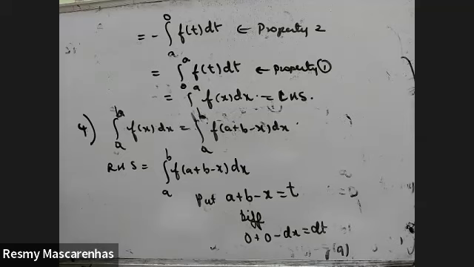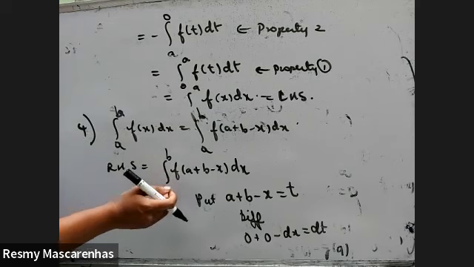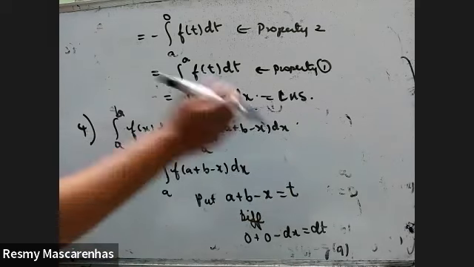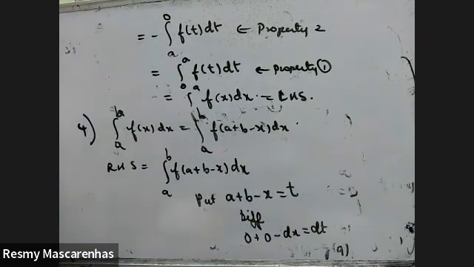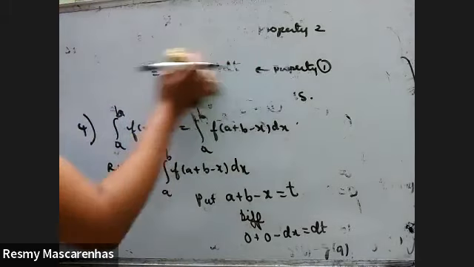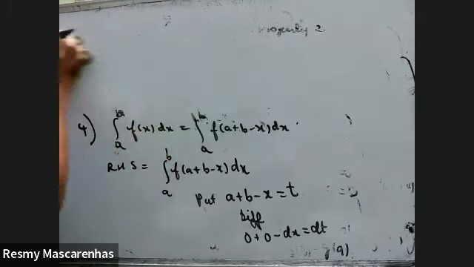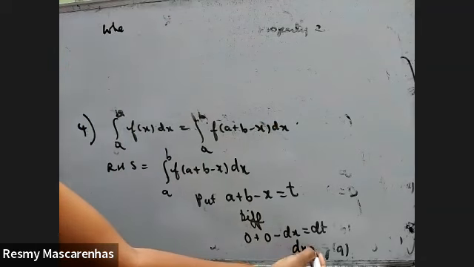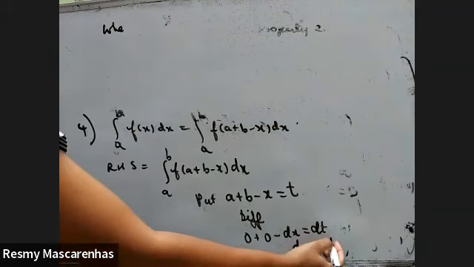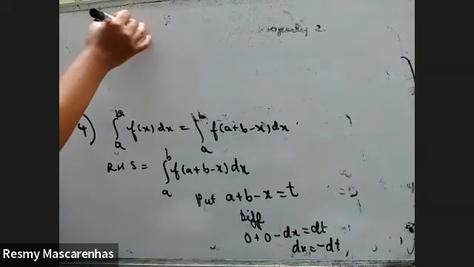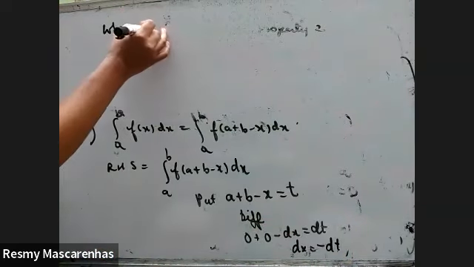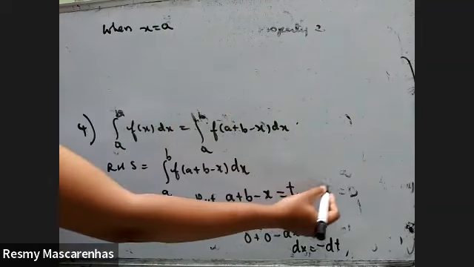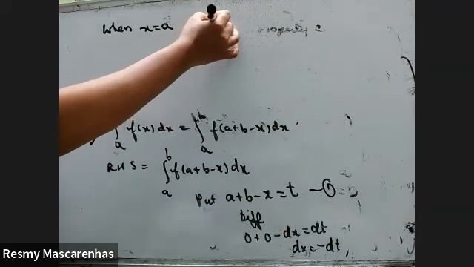So now when x is equal to a, put a over here and calculate the value of t. Here dx is what? Minus dt. In the main equation, put x as a now.